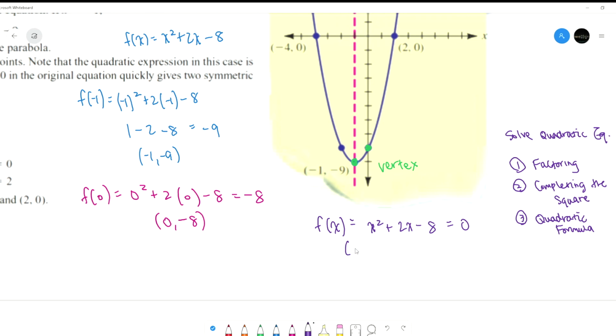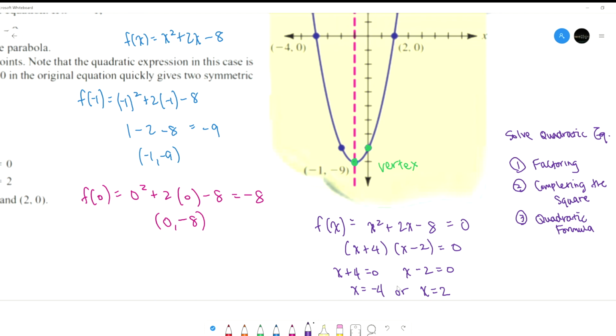I'm going to do x plus 4, x minus 2 is equal to 0, right? Those are the factors. So you set each factor equal to 0 using our zero factor property or rule, and solve for x. So x is equal to negative 4, or x is equal to positive 2, right? This was from early in this chapter 8.